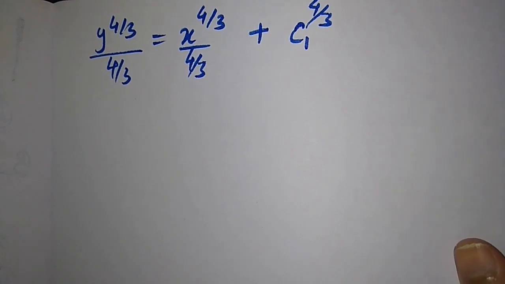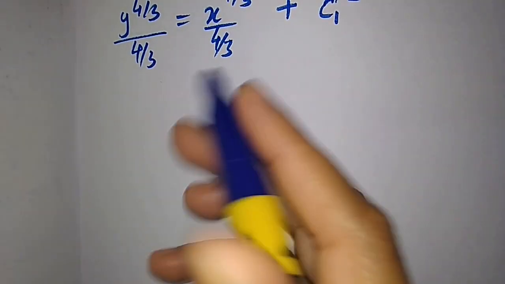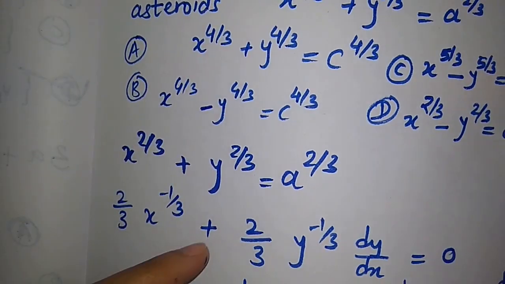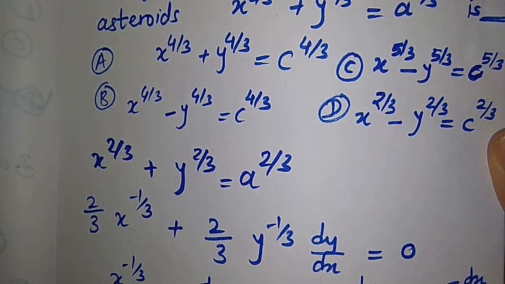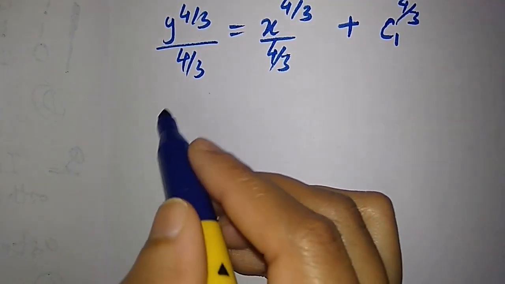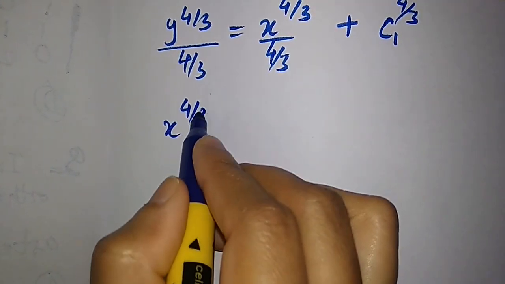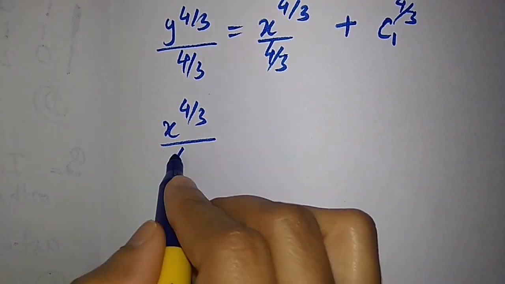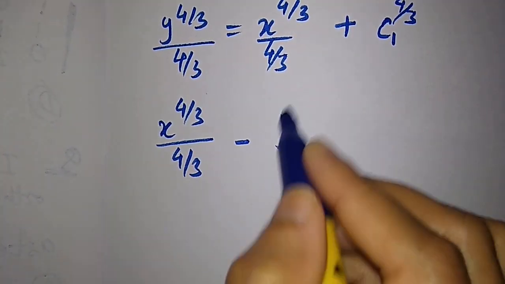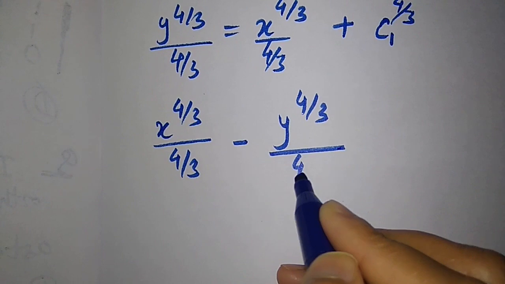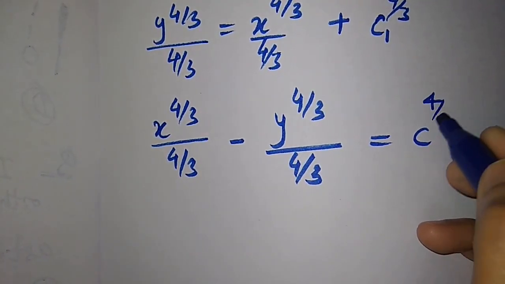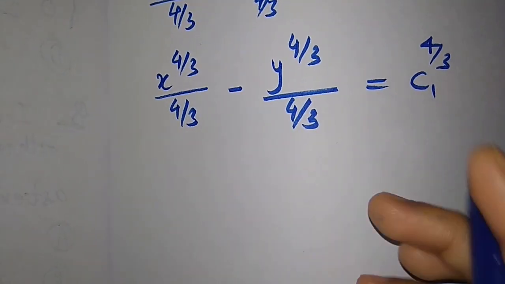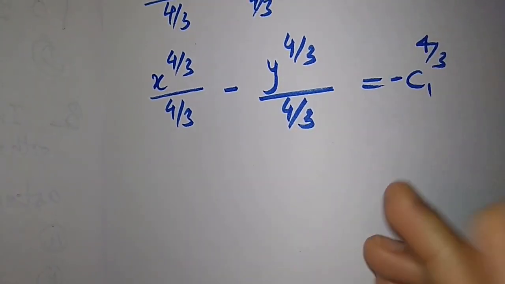Now the options are in terms of the first variable x and the second y, so just write in this form. This is equal to x raised to 4/3 divided by 4/3 minus y raised to 4/3 divided by 4/3 is equal to c1 raised to 4/3, or just minus c1 raised to 4/3.